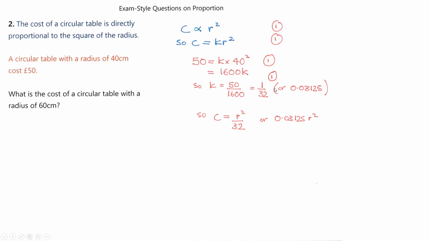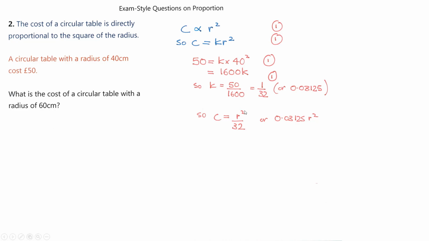Alright, we've got two different ways of writing k, and we put them here. So we've got either r squared divided by 32, if we use that way, or 0.03125 r squared if we want to use it that way. It's going to get the same answer, it doesn't really matter. And then it says, what is the cost of the circular table with a radius of 60?